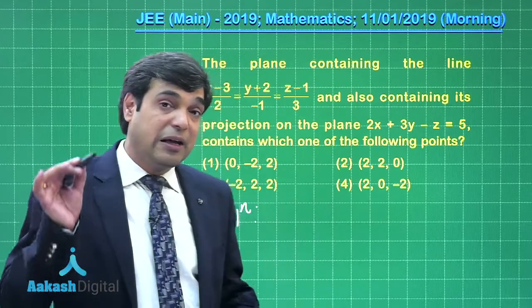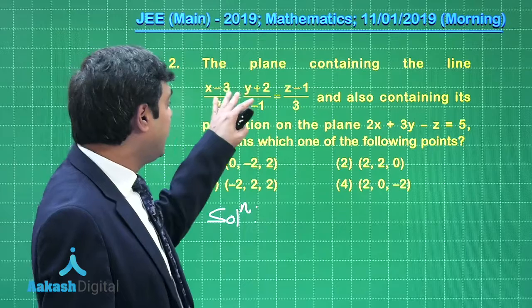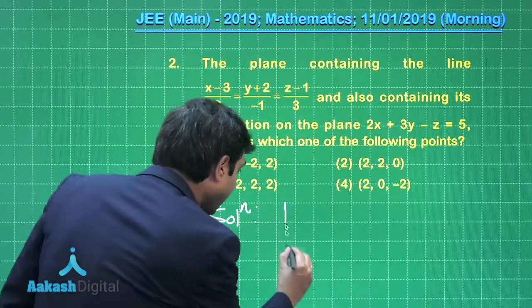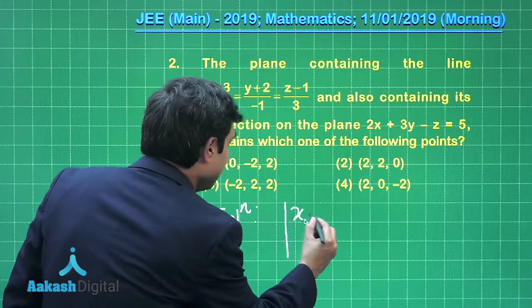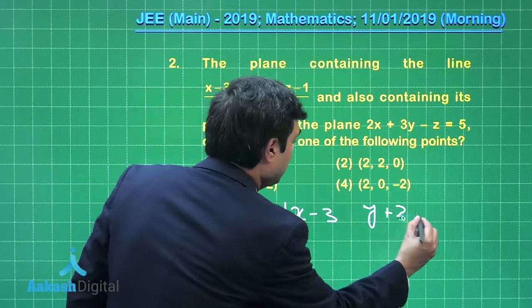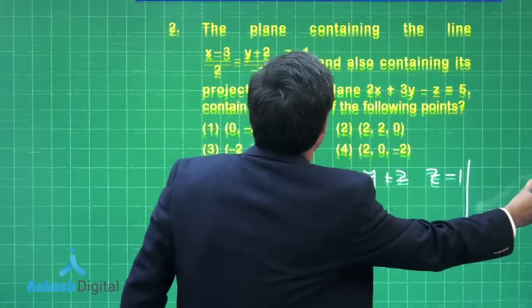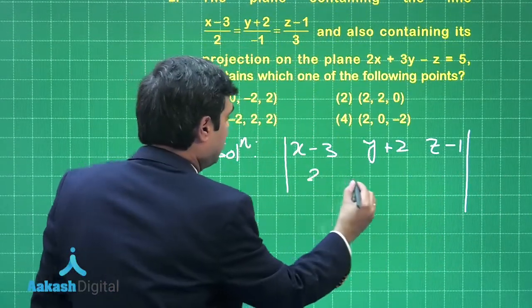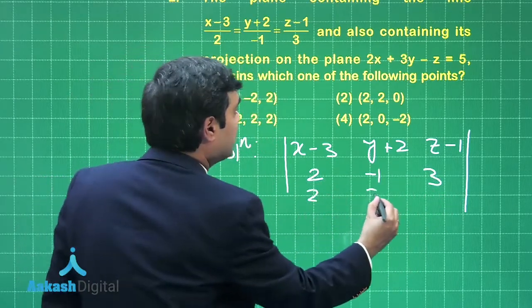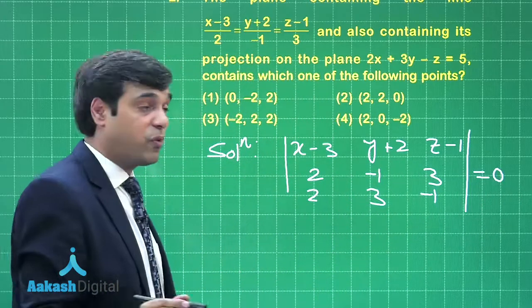So clearly the normal vector of the required plane is perpendicular to this line as well as its normal. So here we can write the required plane as x minus 3, y plus 2, z minus 1, then 2 minus 1 3 and 2 3 minus 1 equals 0 as the equation of required plane.